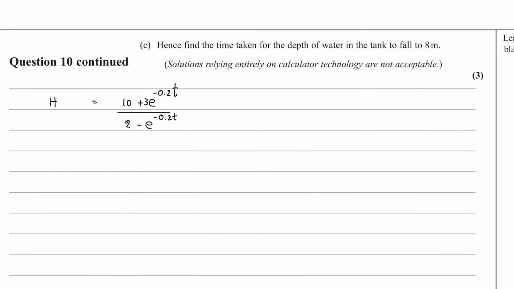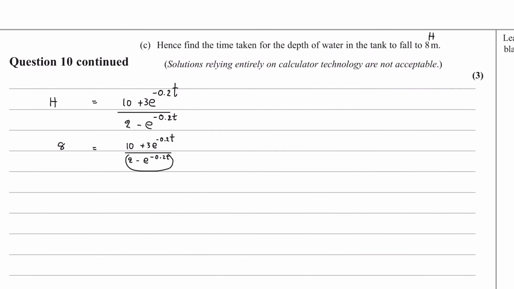So here is part C. We have to find the time taken for the depth of water in the tank to fall to 8 meters. So this is h. That means we set h to be 8 and solve for t. This is 8 equals (10 plus 3e to the power of negative 0.2t) divided by this term.